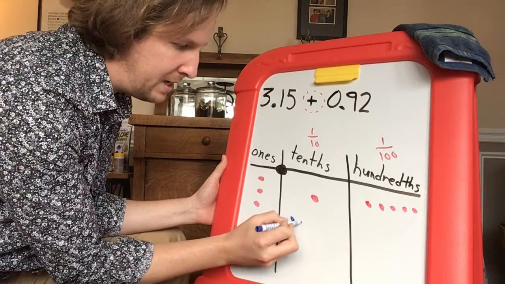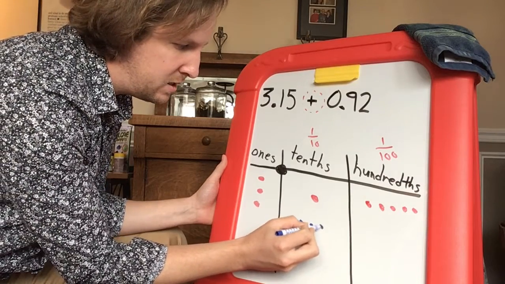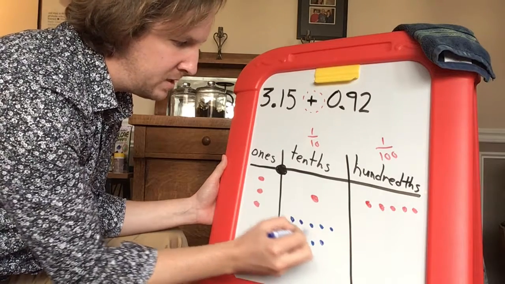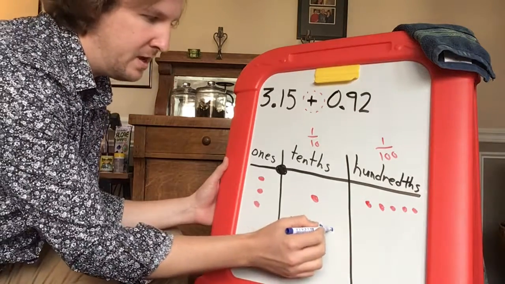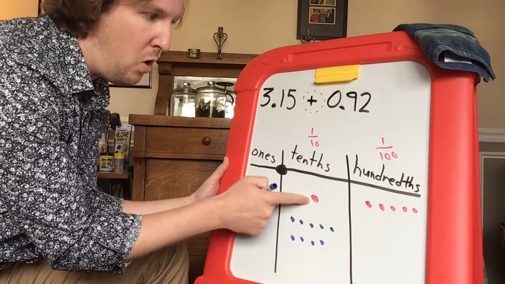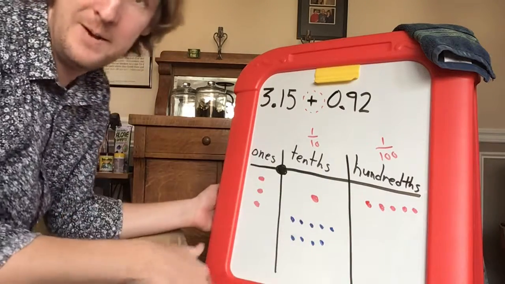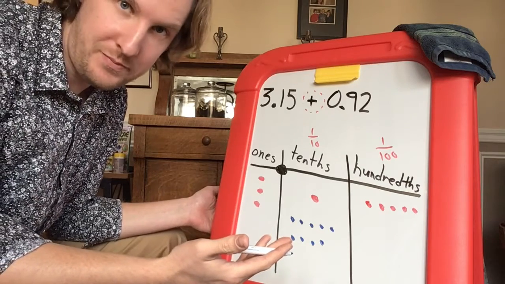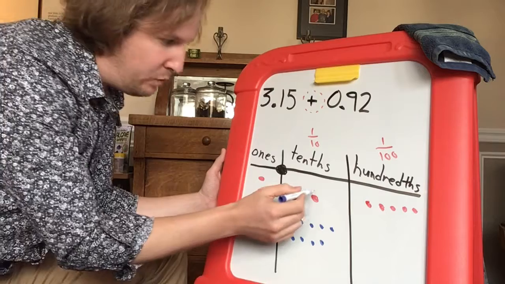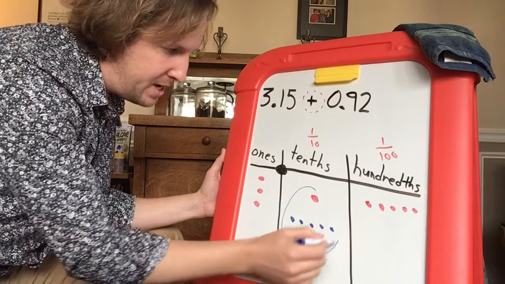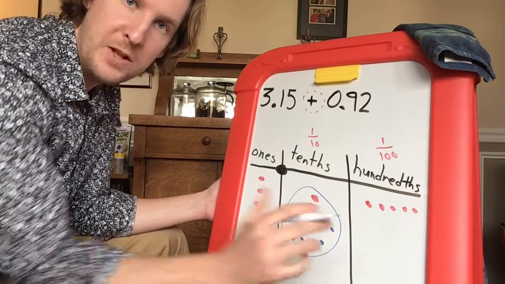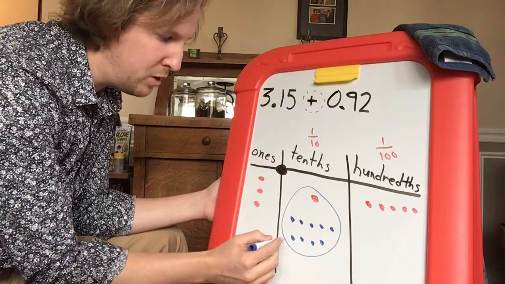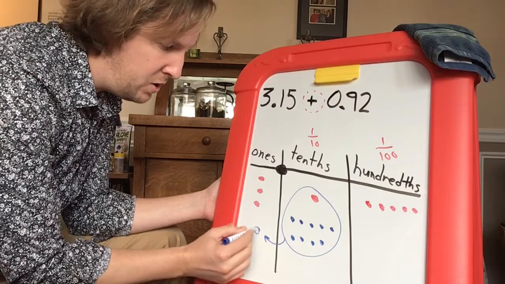When I show adding 9, I can see already that the 9 plus the 1 will bundle to make 10. Well, let's do that right now. We can bundle this to make 10. And what do we do with it? That's right, move it over to the left. It becomes the next greater place value, a new 1.